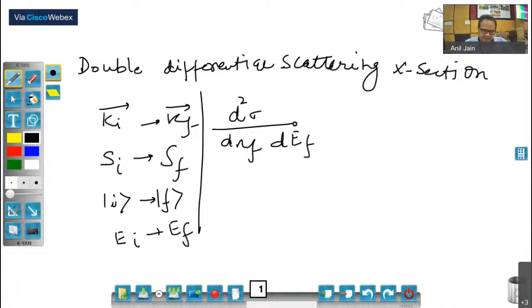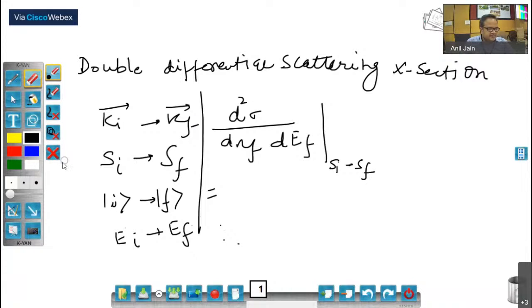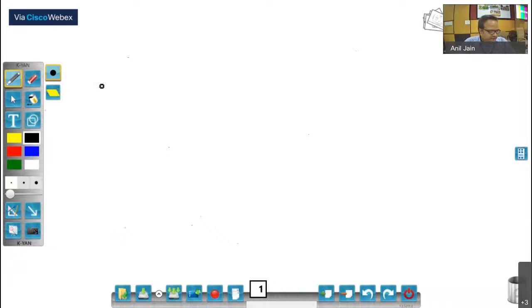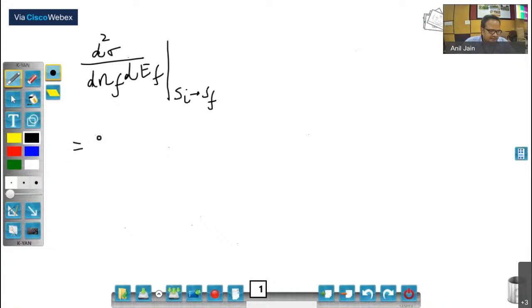These are the scattering variables we have, and the cross section, with the condition that the spin changes from Si to Sf, is given by kf over ki, sum over initial and final states. Pi is the statistical weight, or probability, for the initial state.